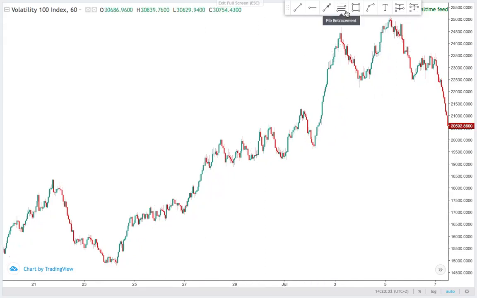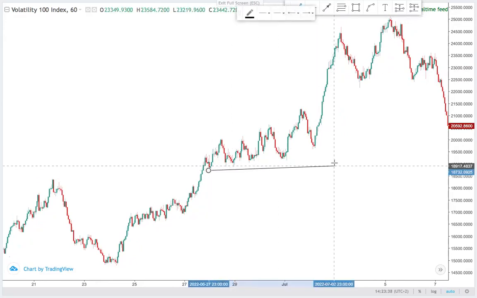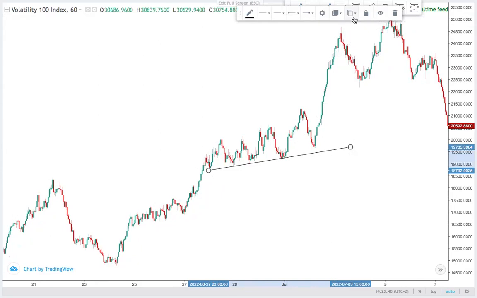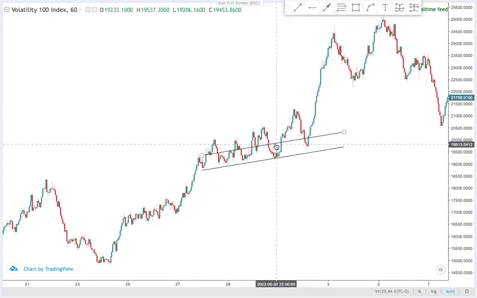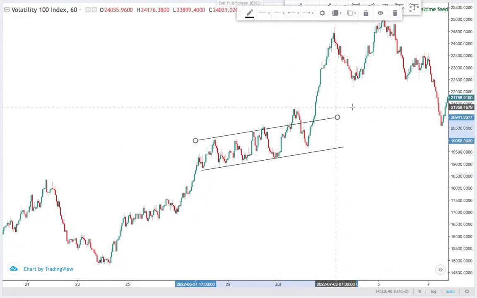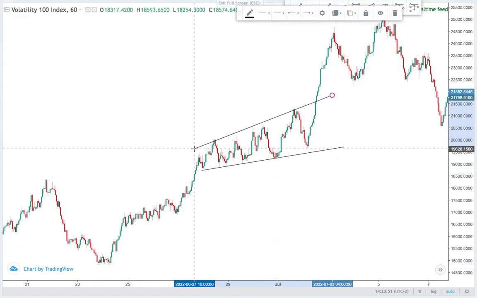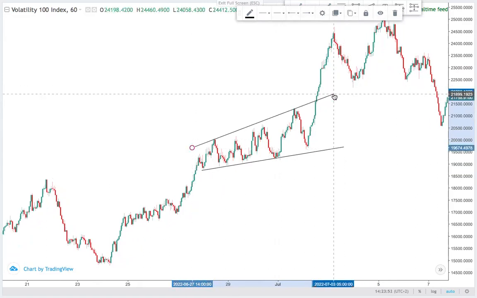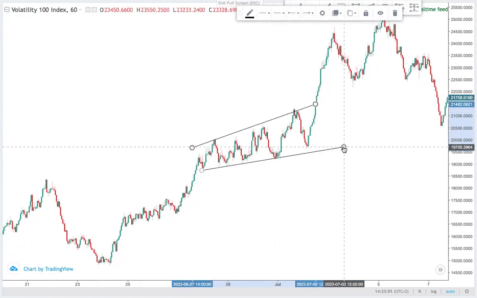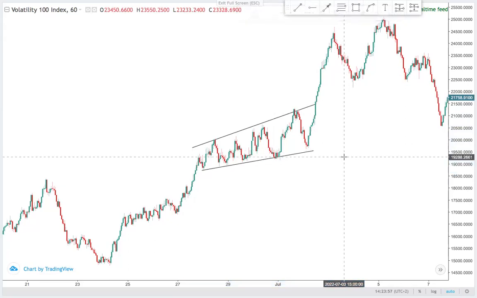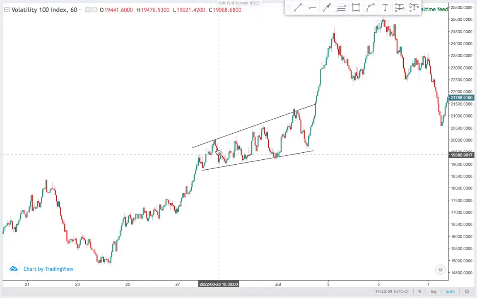First of all, let's make an example. If you can look closely, you'll find that this was a consolidation area.